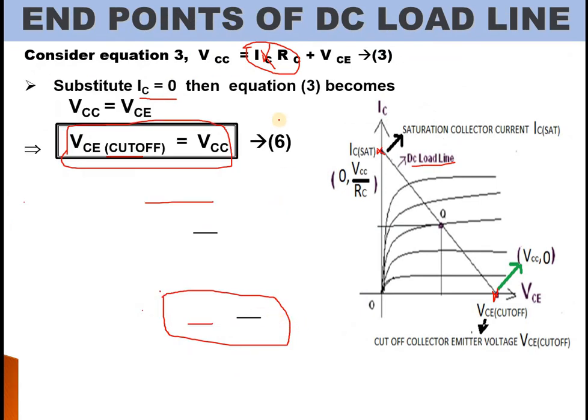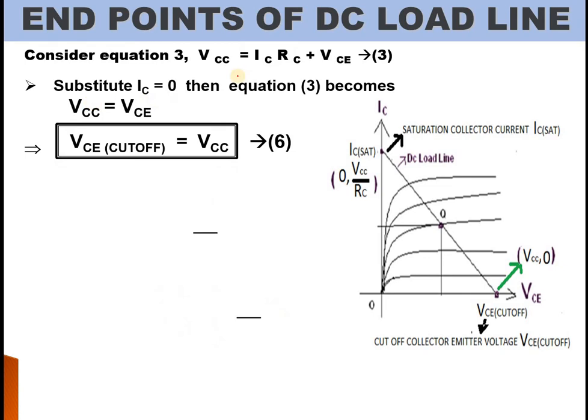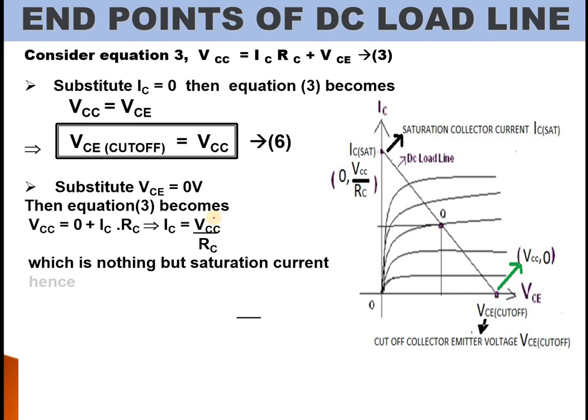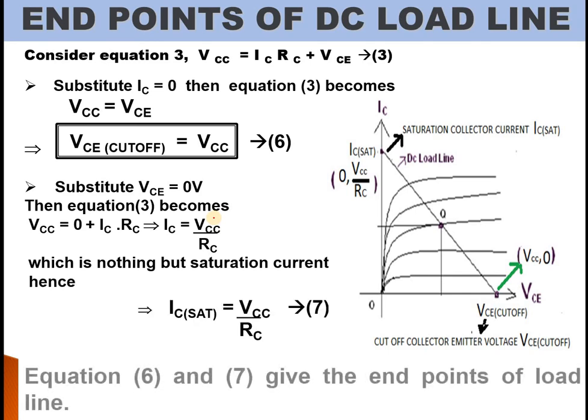Thirdly, I took this equation 3 and substituted IC is equal to 0 to get VCE cutoff, and the second time I substituted VCE is equal to 0 to get IC saturation. By doing so, I got the end points of the DC load line.